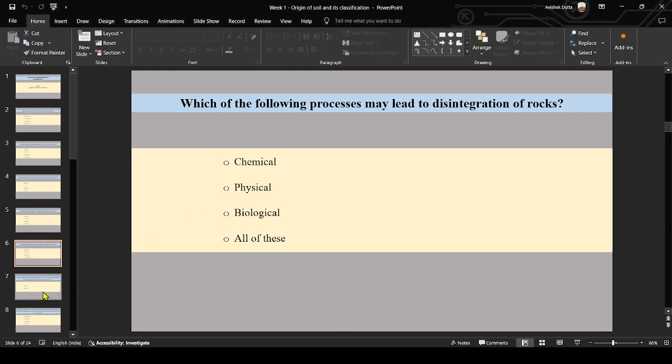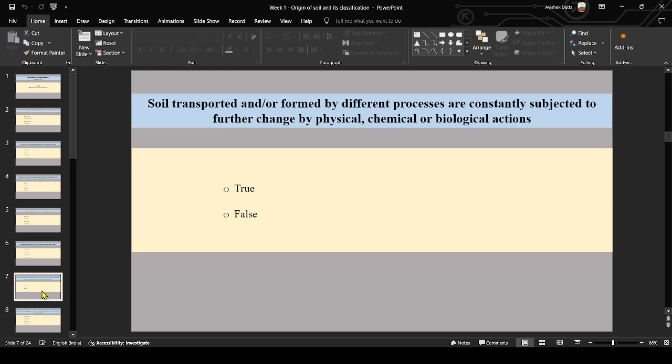Okay, next question. This is a true or false statement. Soil transported and or formed by different processes are constantly subjected to further change by physical, chemical, or biological actions. This statement is either true or false, you have to state.